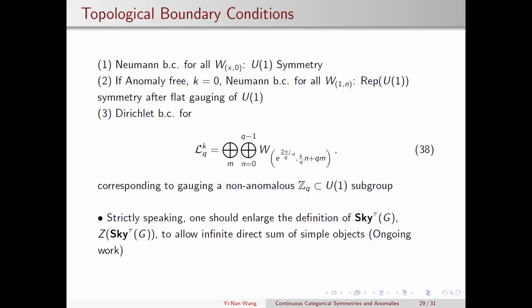As a reminder, when you define a Lagrangian algebra in a modular tensor category, the Lagrangian algebra has to itself be an object in the Drinfeld center category. However, this definition does not allow an infinite direct sum of simple objects. So to really define the Lagrangian algebra for the Lie group, we have to enlarge the category to an even larger category. It is part of ongoing work.